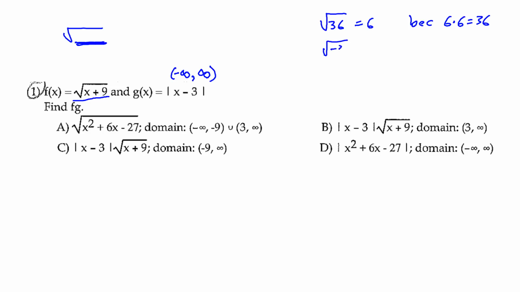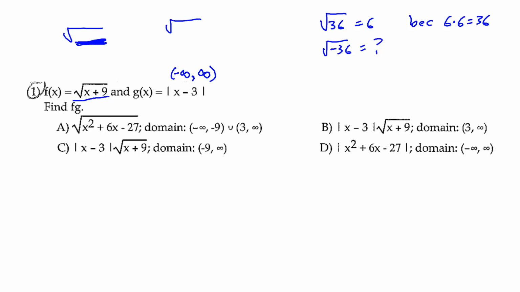But square root of -36, you can't really do that. We have to actually come up with a different kind of notation to express that. There is no number times itself that's going to give you a negative number. So what that means is that, again, what we have under the square root has to be a positive number.